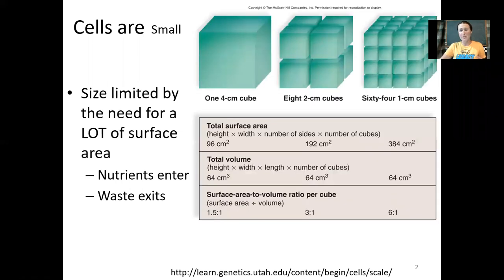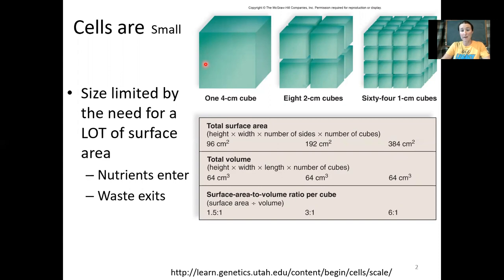And so just to add some numbers here, not that you're responsible for knowing these numbers, just proof of concept here. All of these images up here have the same volume, right? So 1 cube versus 8 cubes versus 64 cubes, all of them have the same volume, 64 square centimeters. Okay. However, when we make smaller and smaller structures, in this case cubes, what we're doing is we are increasing the total surface area. So how much space is on the outside of the cubes?